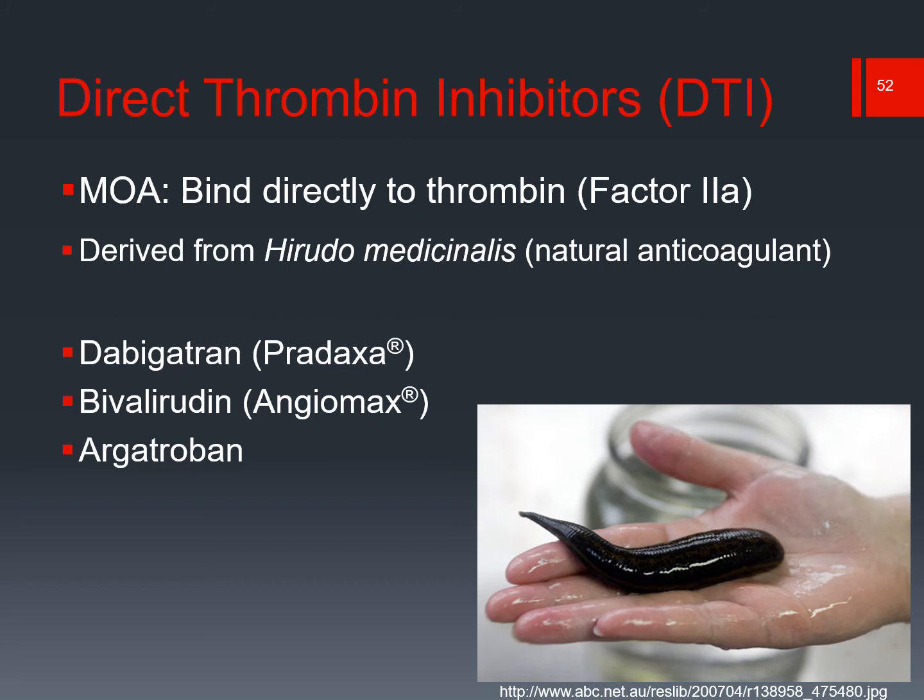We have bivalirudin, branded as Angiomax for PCI, which you'll get to with Dr. Bhakta, so for percutaneous coronary intervention. And we have argatroban, which we'll learn about can be used as an anticoagulant in the presence of HIT. All 3 of these drugs bind directly to thrombin factor 2A within the cascade, and they're all derived from the natural anticoagulant found in leeches.